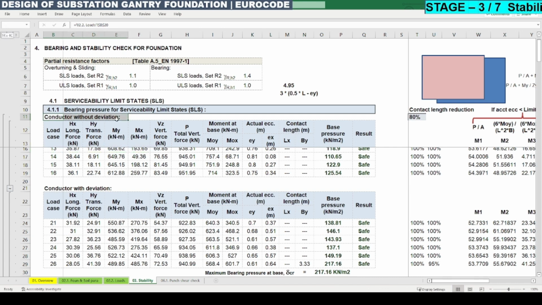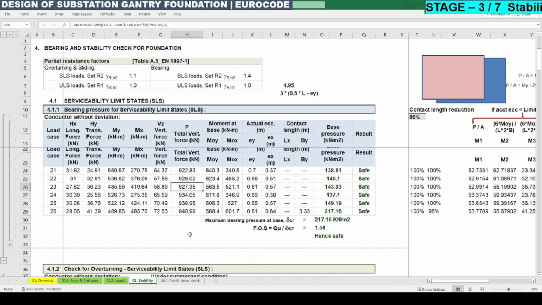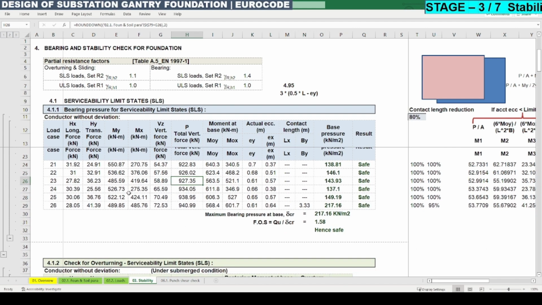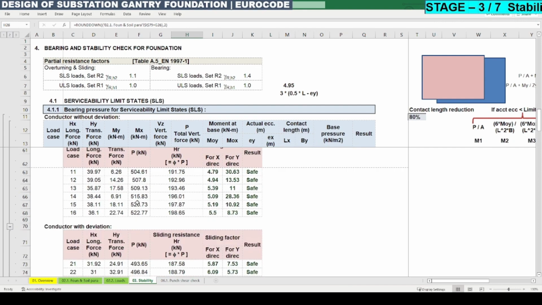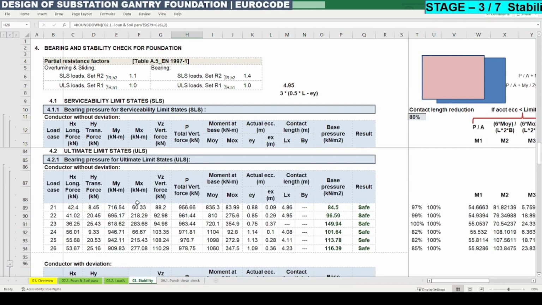So these are without deviations and with deviations. In a similar way we have calculated for the ULS load case also. Here you can see this is the SLS load cases, and the ULS load cases are also calculated in a similar way.